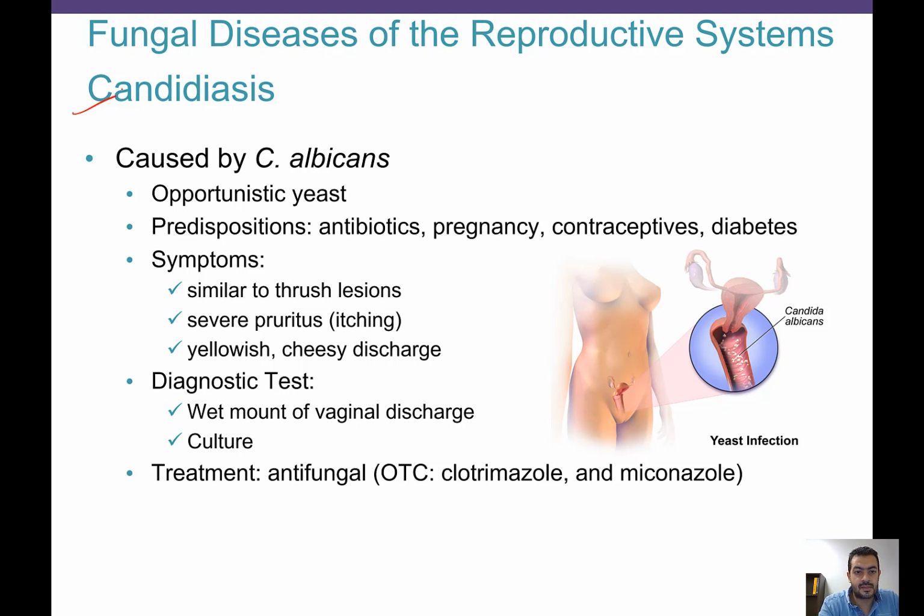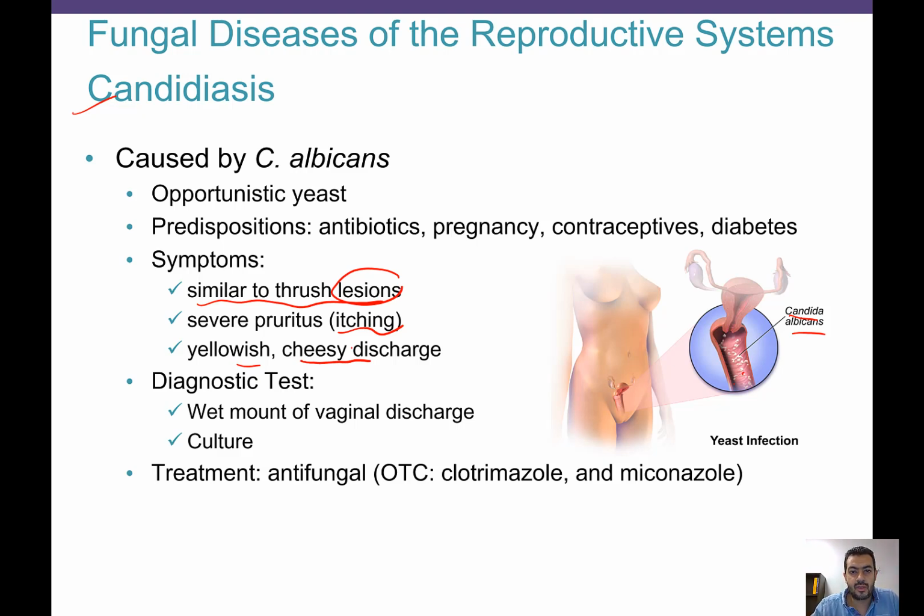So it is similar to the thrush lesions that we see in the oral cavity, but now it is happening in the reproductive cavity, especially in females, as we said, because of the acidity of the vagina. So in the female, Candida albicans may be present, and it will result in this thrush. It will result in severe itching. It will result in a yellowish or cheesy discharge.